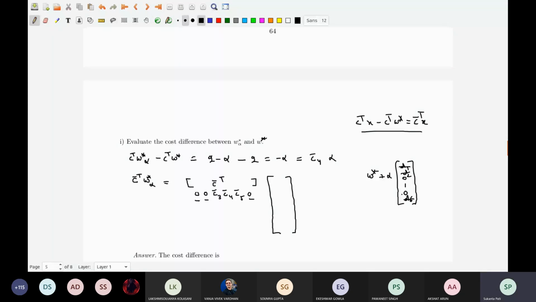So they will also die. What will remain is C bar 4 multiplied by alpha, which is this.